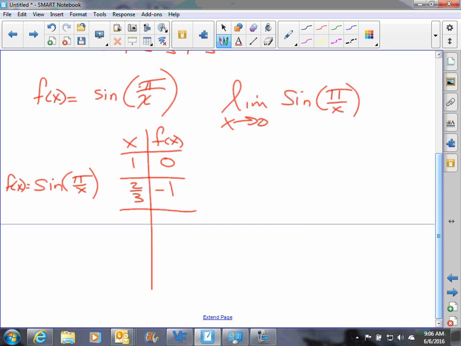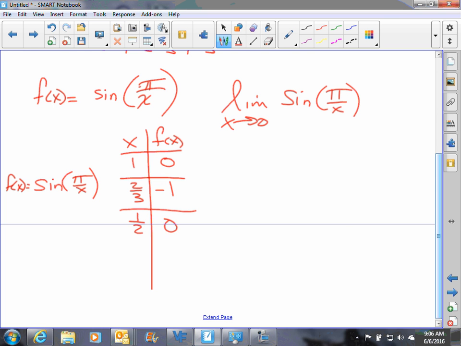Now, the next number I'd like to look at is x equals 1/2. Notice I am approaching the 0 here. The f of 1/2 is the sine of pi divided by 1/2. But pi divided by 1/2 is 2 pi, and the sine of 2 pi is 0.